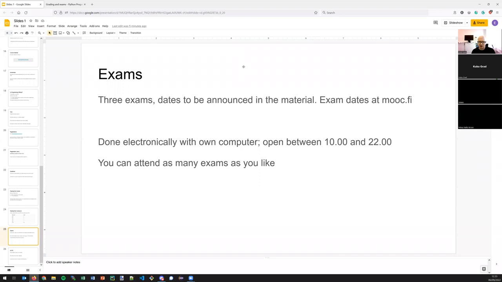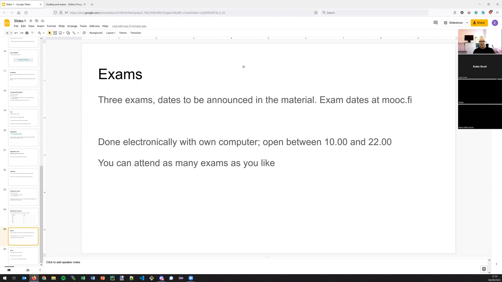It takes 3 hours, and the time starts when you start the exam. You can attend as many exams as you like. So if you're not happy with the result of your first exam, you can take more exams later, and your best grade is the one that's counted. You can't get a worse grade from any of the subsequent exams.